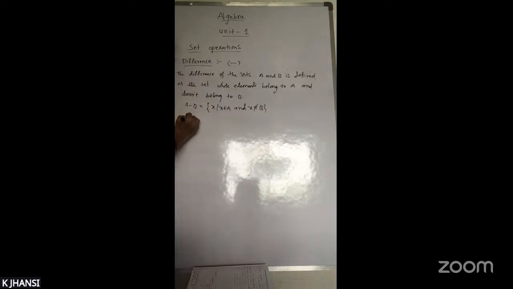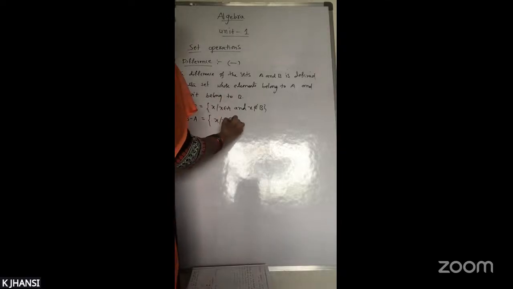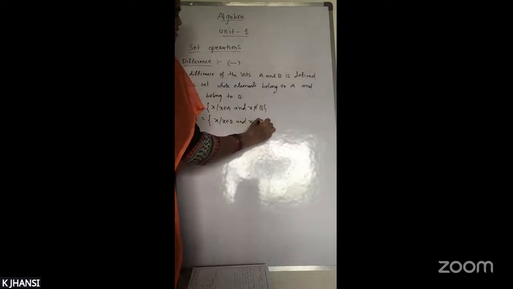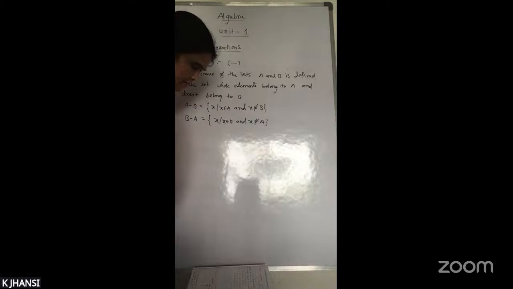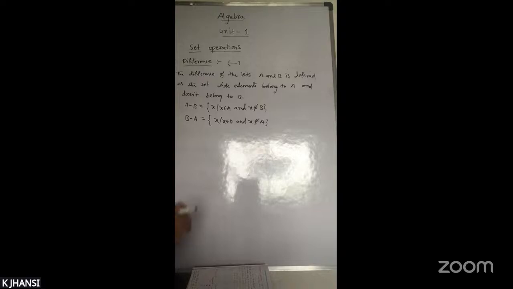Similarly, we have B minus A. B minus A is equal to {X such that X belongs to B and X does not belong to A}. Okay. This is the representation of the difference operation, that is A minus B and B minus A.